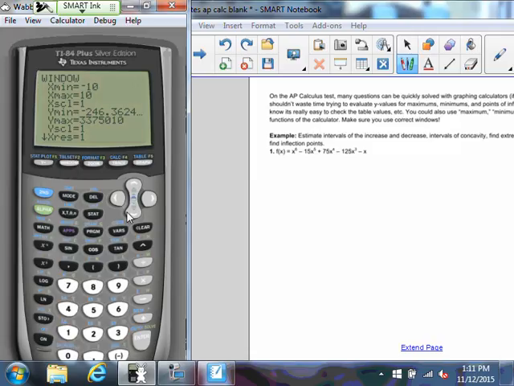So let's say we make the y min negative 200 and the y max 200. And then we try it from there. So when we hit graph, it's still going to be pretty close, but we're going to cut off part of the graph. Okay, see how it doesn't quite see that minimum? We want to know what that minimum is. So we're going to do a window again and go down to negative 300.